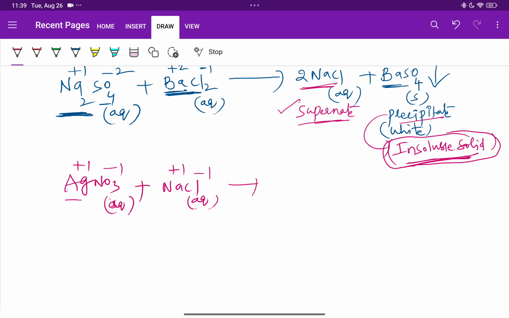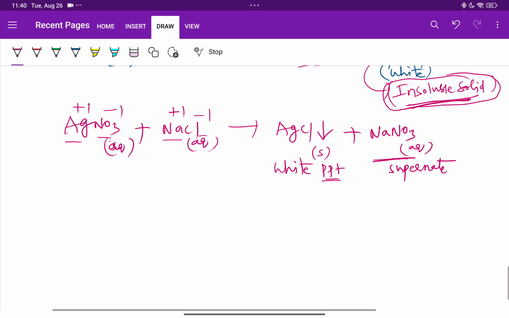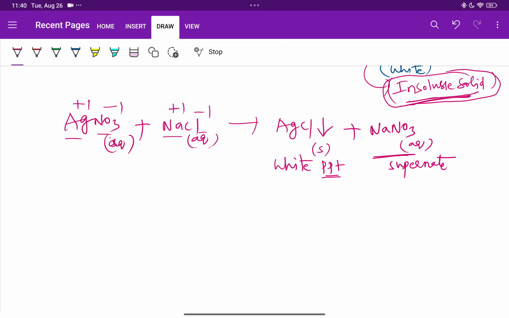Then two reactants exchange their ions, and we are going to get AgCl, white color precipitate, silver chloride, shortcut called PPT. Then NaNO3 aqueous. This is the supernate.